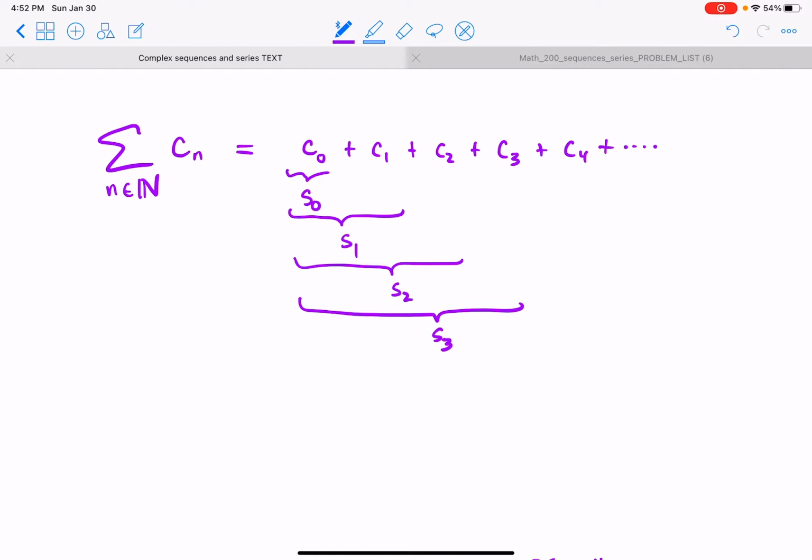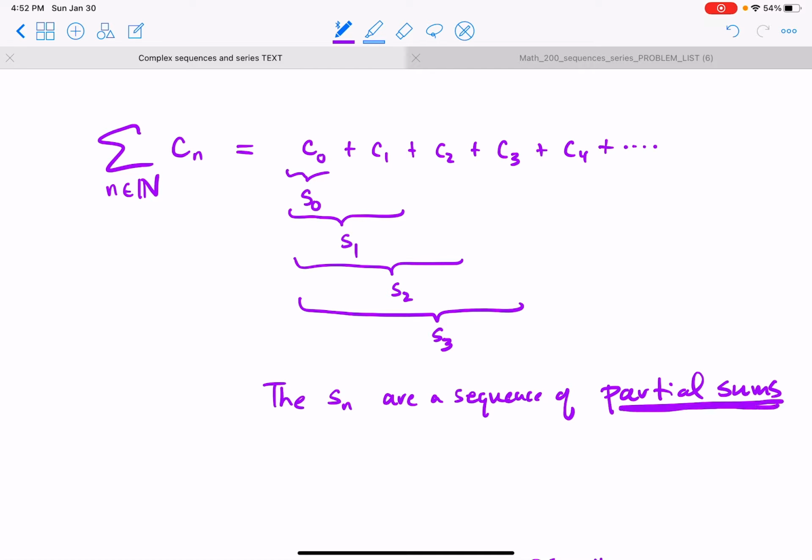Partial sums. So the S sub n are a sequence of partial sums. We usually call them S because of the word sum, which starts with S.